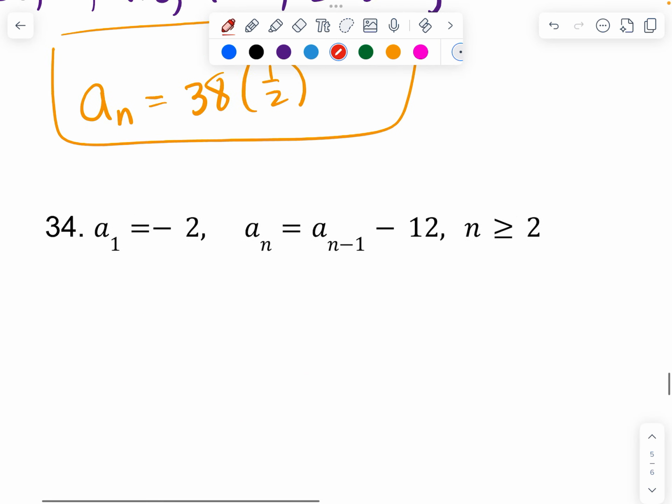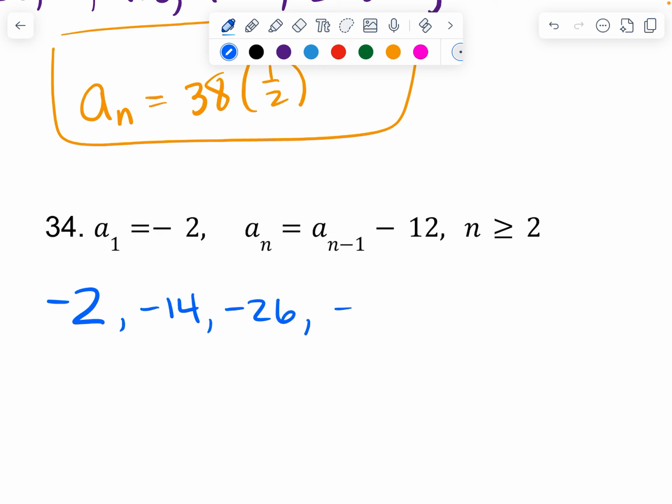This one is in an explicit, or it's in a recursive. We need to write it in explicit, and we need to write the terms. So negative 2, and we're going to subtract 12. So negative 14. Subtract 12, negative 26. Subtract 12, negative 38. Subtract 12, negative 50.